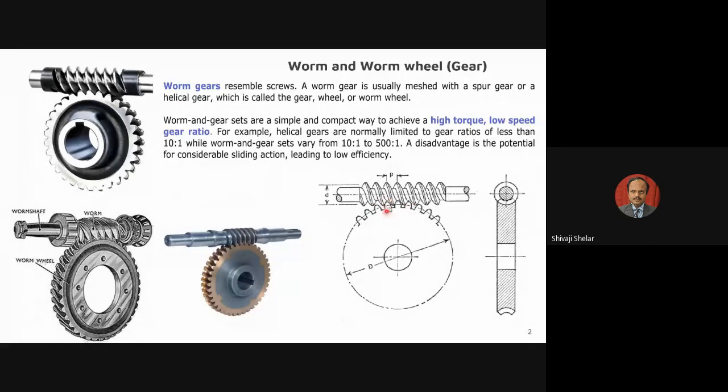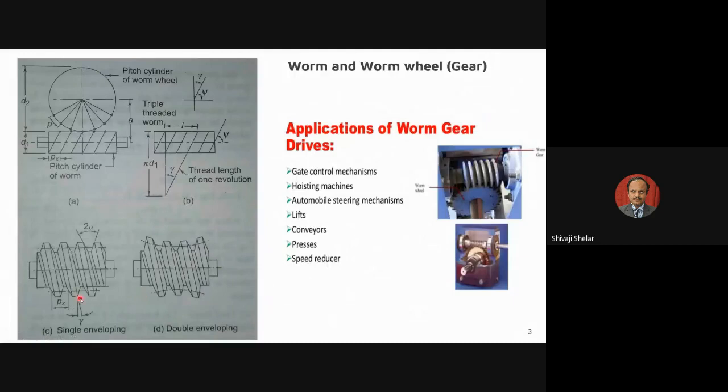Single enveloping will also give smooth operation, but double enveloping will give better, noise-free operation for the worm and worm wheel. So there are basically single enveloping type screws and double enveloping type screws. When you want a smooth operation, you can go for double enveloping, and if it is a normal operation, you can go for single enveloping.